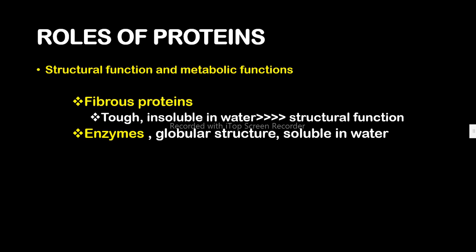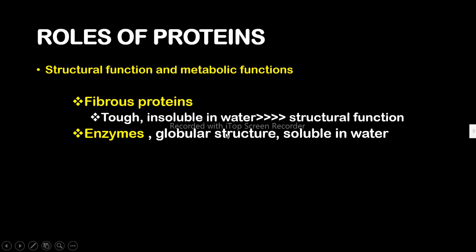So you must be able to dissolve in the aqueous medium so that you are able to catalyze the reaction. So all these globular proteins are highly soluble and highly responsible for maintaining metabolic activities in our body.